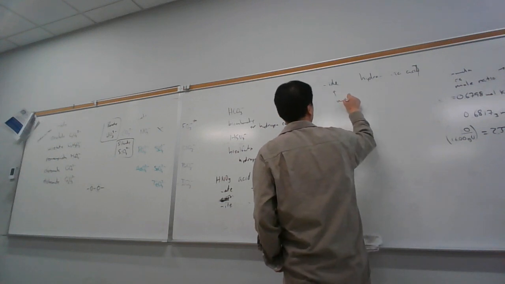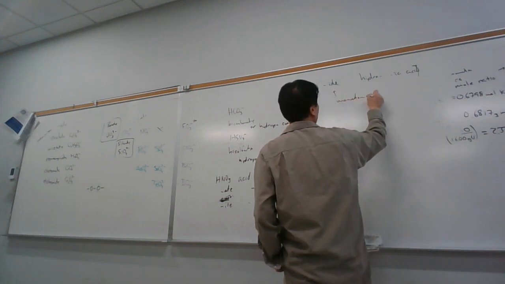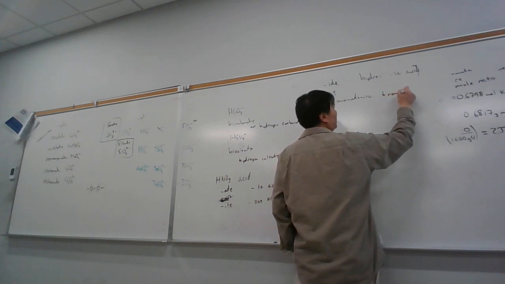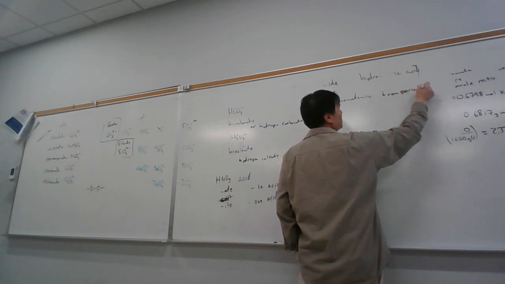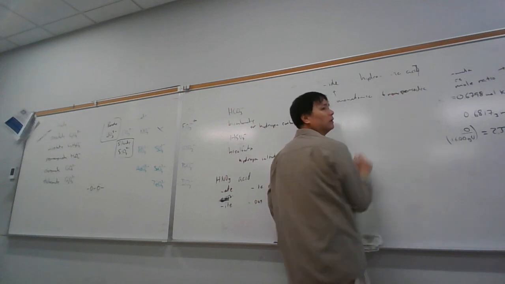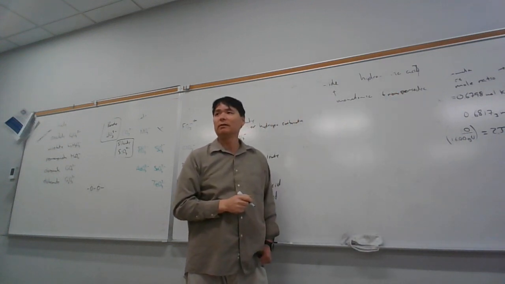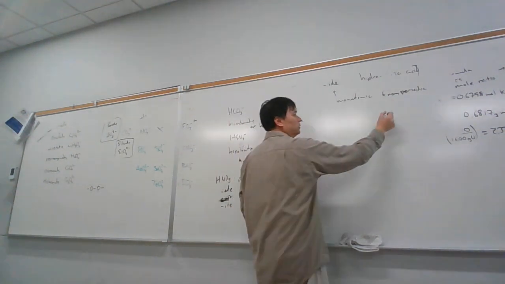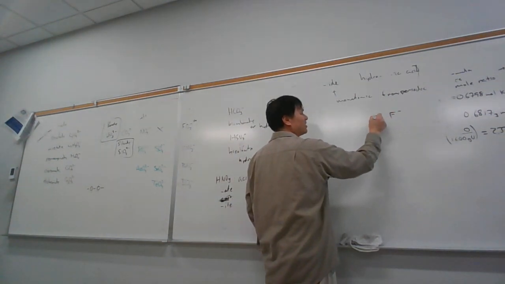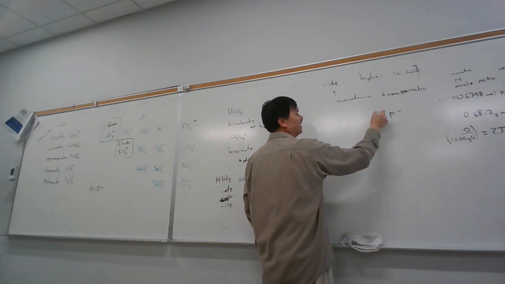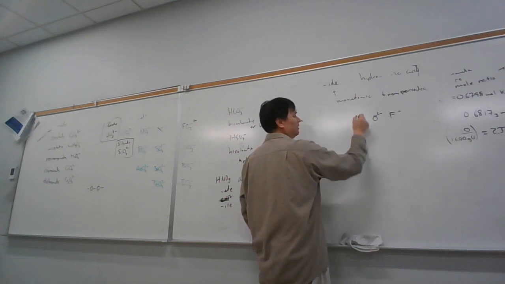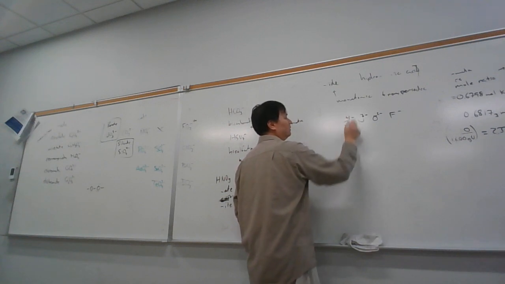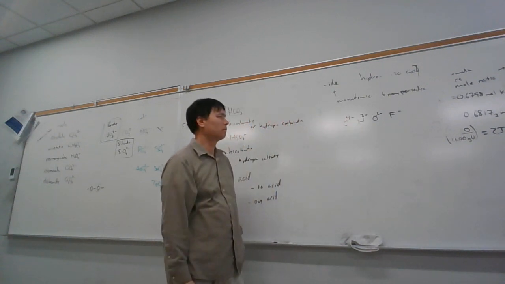Ides are monatomic, from the periodic table. And we know the charge based on the periodic table's position, right? Everybody knows the charges. So fluoride is 1 minus, oxide is 2 minus, nitride is 3 minus, carbide is 4 minus.